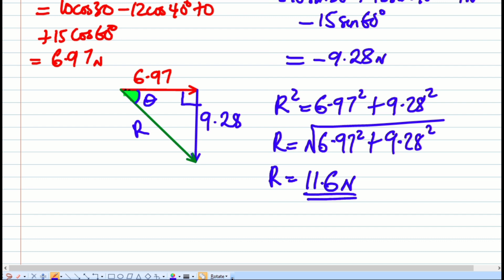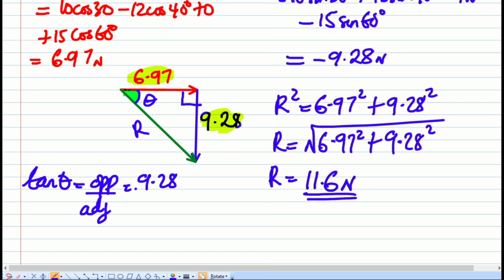What's the direction? Direction is the angle it makes with the horizontal. So we can use a trigonometric ratio to find it. Let's work with these two sides. Remember, 9.28 is opposite and 6.97 is adjacent. So we're going to work with tan. Tan theta is equal to opposite over adjacent, which is 9.28 over 6.97.